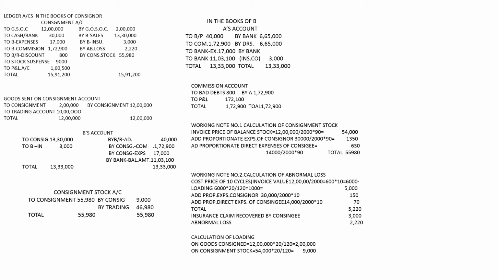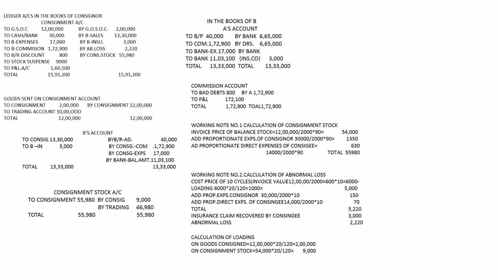That is, if the cost price is 100, excess is 20, that is loading, then the total invoice price would be 120. The loading is 20 upon 120. When invoice price is given and loading is on cost, then we calculate loading as invoice price into rate upon rate plus 100.